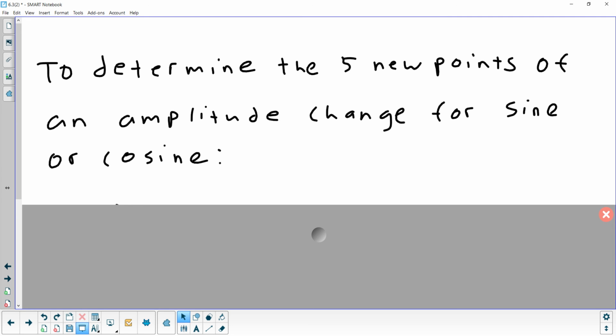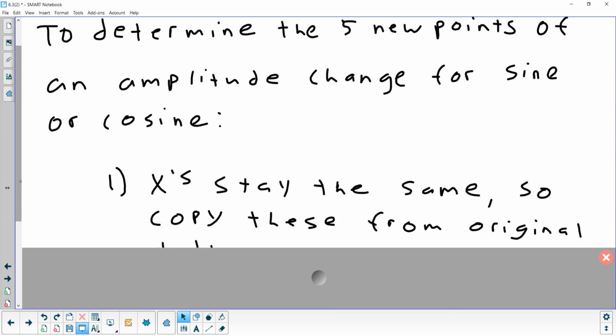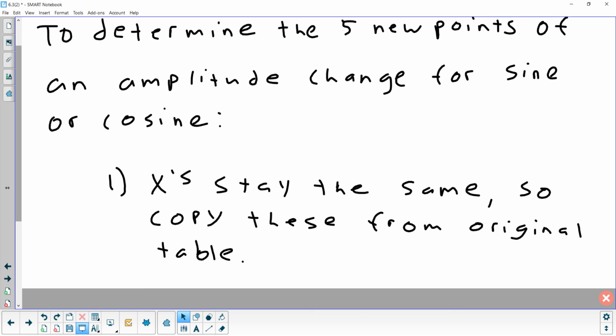Well, we just said that the x's stay the same. When you stretch and compress vertically, there's no change to the x values. So we'll copy those down from the original table. So the x's will be 0, pi over 2, pi, 3 pi over 2, and 2 pi.